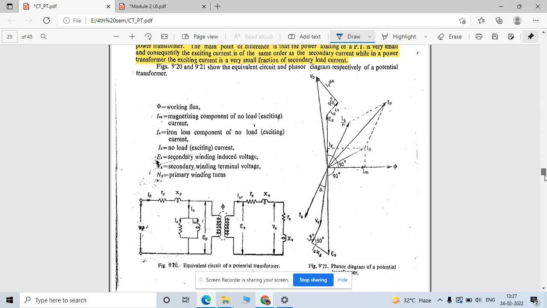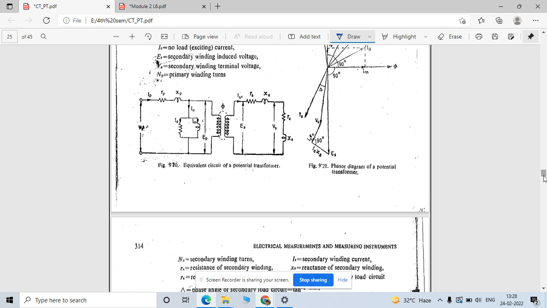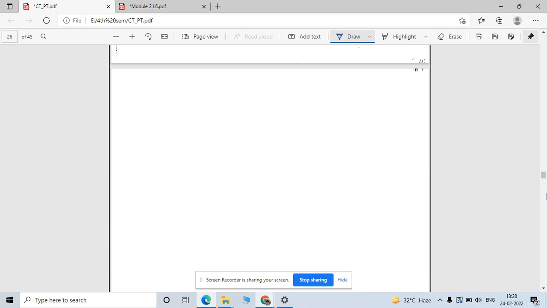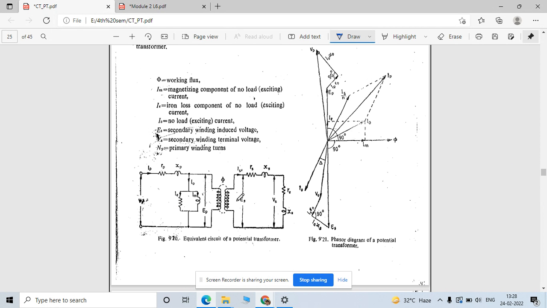Okay, the same way, if you are going to see here, now see the equations. You can observe that equation, which is nothing but this equation. For example, if I draw this Vs in terms of phasor, Es is nothing but this Vs plus the sum of all drops in this resistance, right?